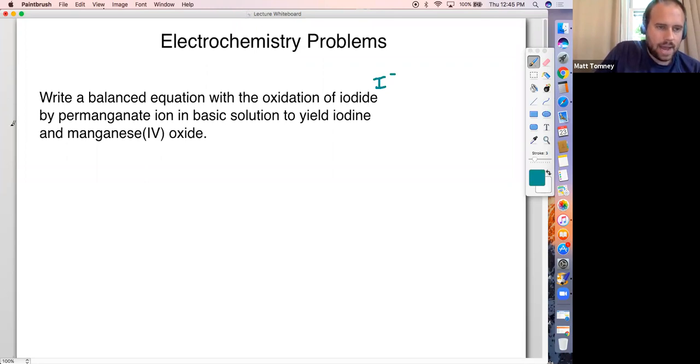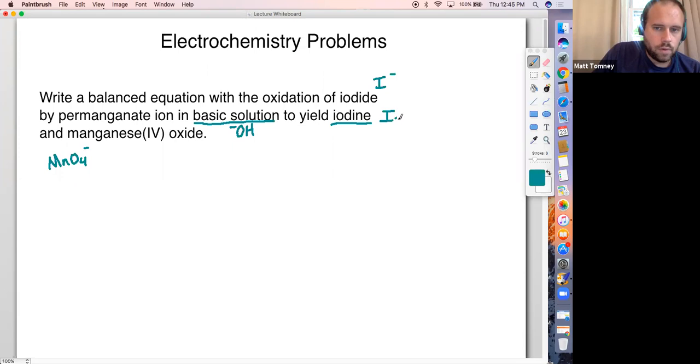The permanganate ion is MnO4 minus. These are all common ions you should be familiar with from Chem 111. It's in basic solution. When it's acidic, we use H plus. When it's basic, we'll start with H plus and then we'll use OH minus to convert any H plus material to water.